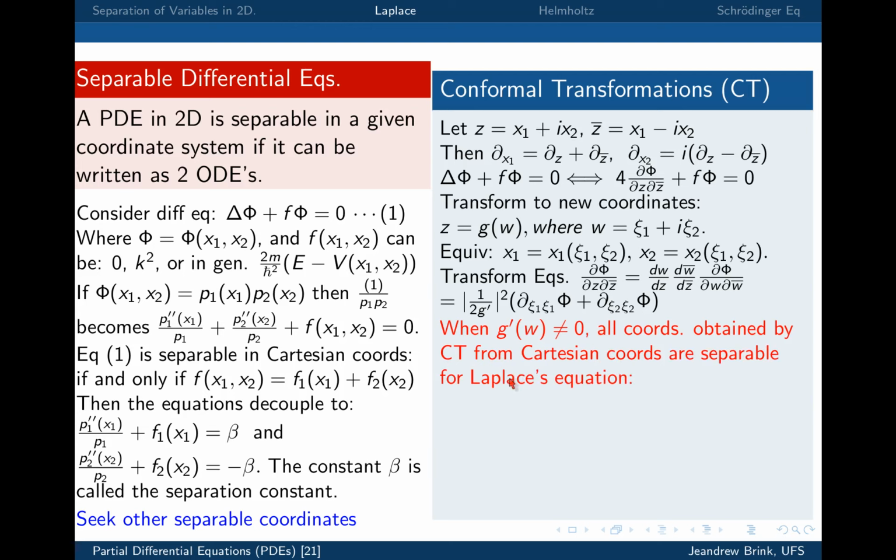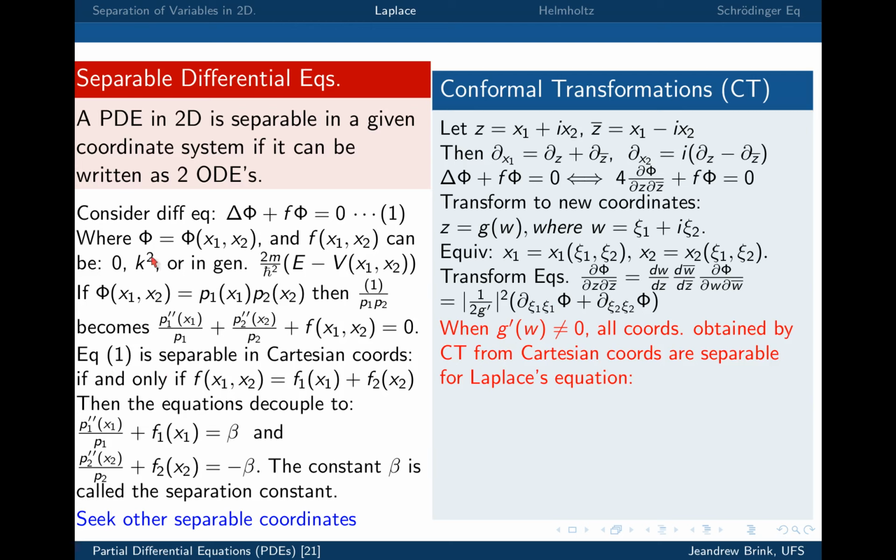Because Laplace's equation is basically with f equals 0, you can then multiply through by this g prime, and you're left with that thing equals 0, which we know is separable. So if you're solving Laplace's equation, the trick is to find a conformal transformation that has one of the conformal variables corresponding to the boundary of your domain, and then you have a separable solution. You can always apply separation of variables. Okay, so f equals 0 is very nice.